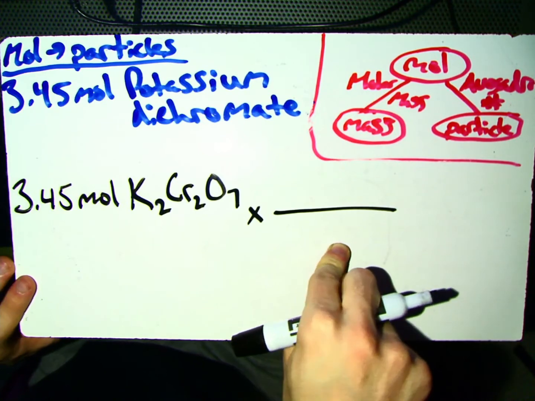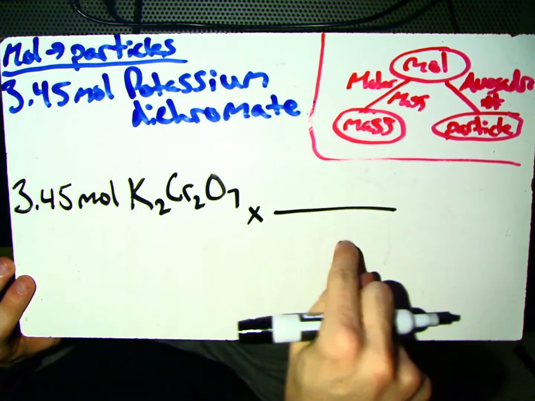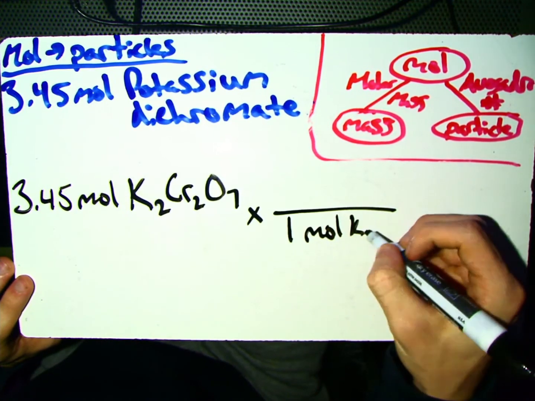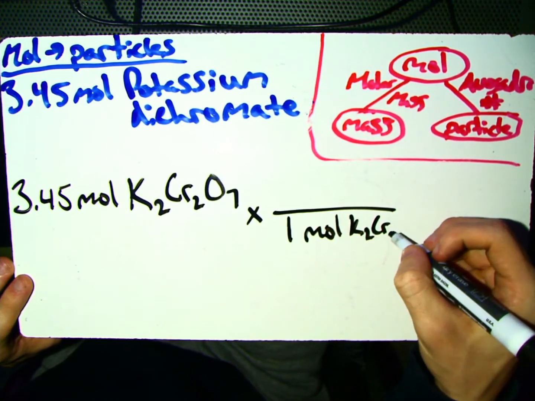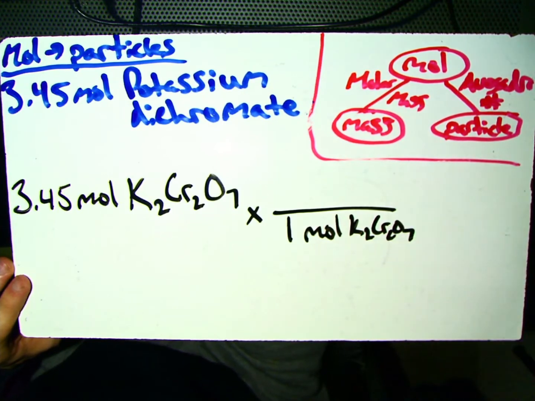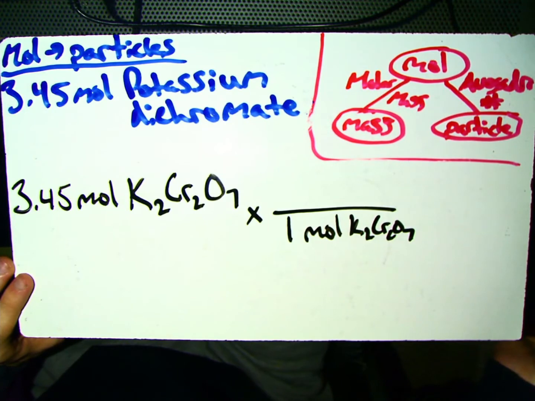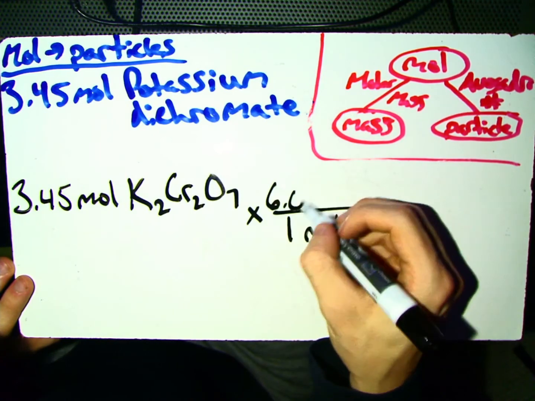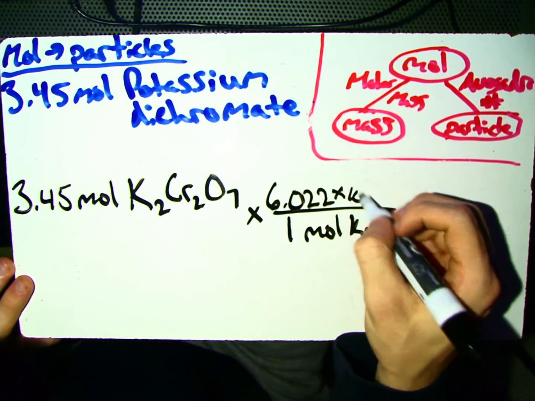What do we put into it? Well, we know that we're canceling out moles diagonally, so there's 1 mole K2Cr2O7 in the denominator. The numerator, again, our conversion factor is Avogadro's number, so our numerator is really just 6.022 times 10 to the 23rd.